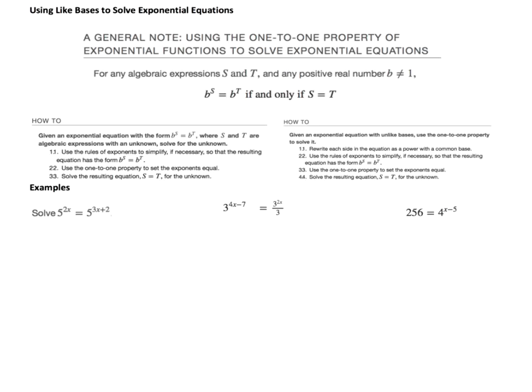So the first type of equation that we encounter in this section are exponential equations that can be or already are written as like bases. So the only thing that we have on either side of the equal sign are exponential expressions of like bases or exponential expressions that can be written as like bases.